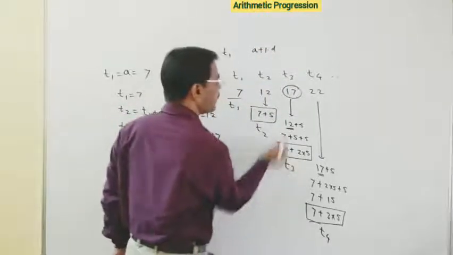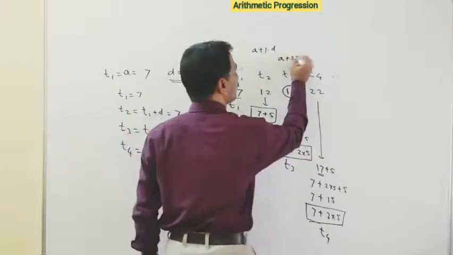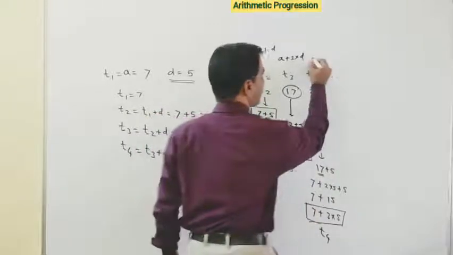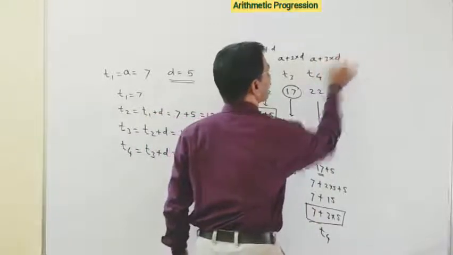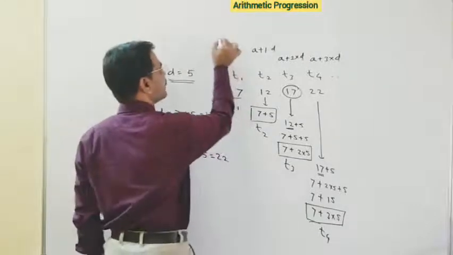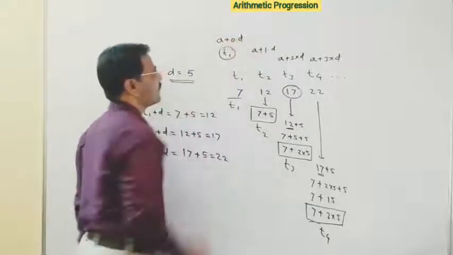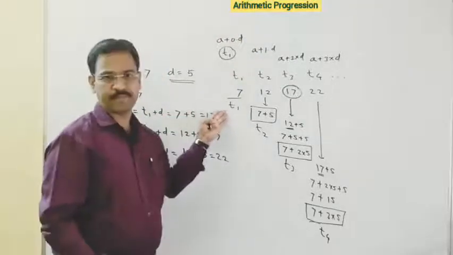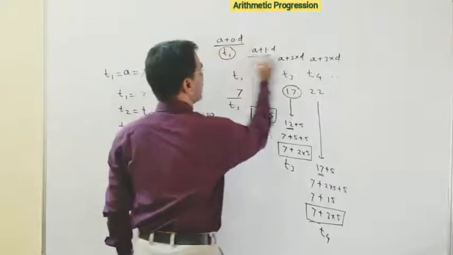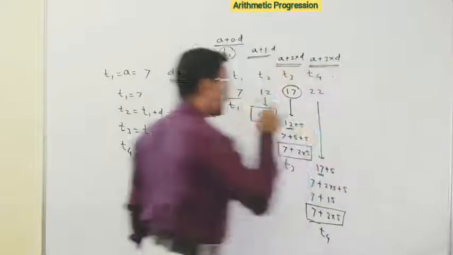This is 7, which is A, plus 2 times D. Now here again A plus 3 times D. If you observe, I can write the first one also in the form A plus 0D, because there is no D.